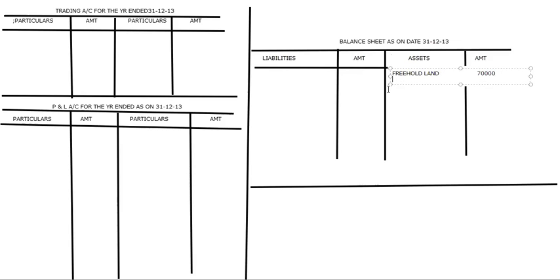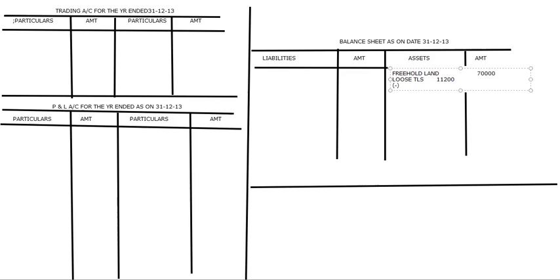Then he gave loose tools. So loose tools, the amount he gave is 11,200. But what happened? Actually, when they were finding out, they found it was revalued. So revalued means its value has decreased.